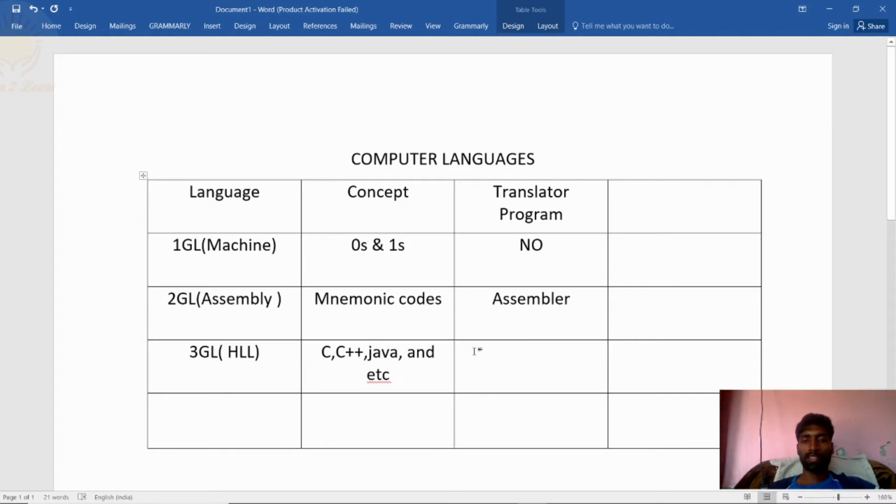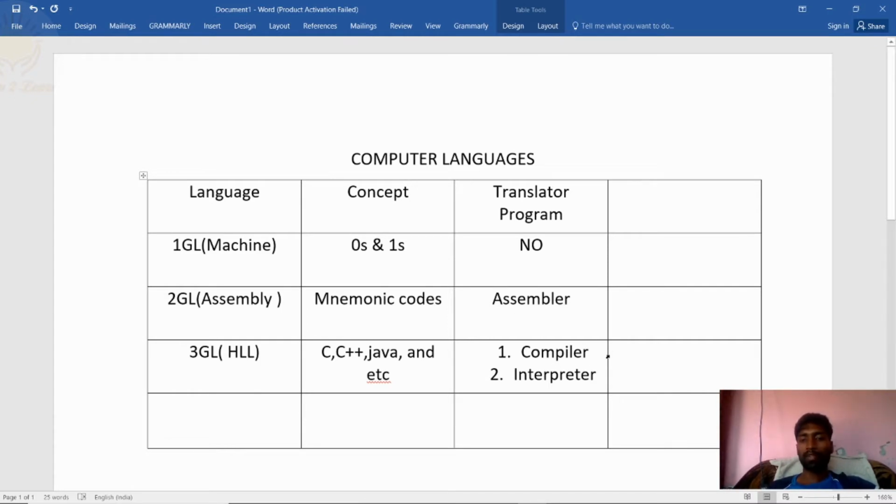So many languages are there. In all these languages there are two types of translator. The first translator is a compiler, and the second translator is an interpreter. So there will be two translators.